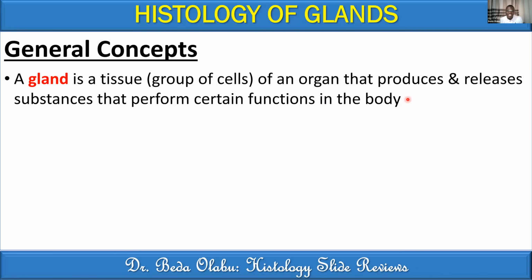So it doesn't have to be an organ, could also be just a tissue. But yes, it can also be an organ. If this tissue or organ is producing some substances that perform specific functions in the body, that tissue or organ qualifies to be called a gland.